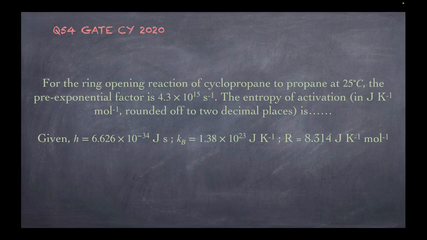It says, for the ring opening reaction of cyclopropane to propane at 25 degrees centigrade, that means room temperature, the pre-exponential factor is given, which is 4.3 times 10 to the power 15 second inverse. Look at the unit carefully. The unit of the pre-exponential factor is second inverse, that means in general it is 1 upon time.